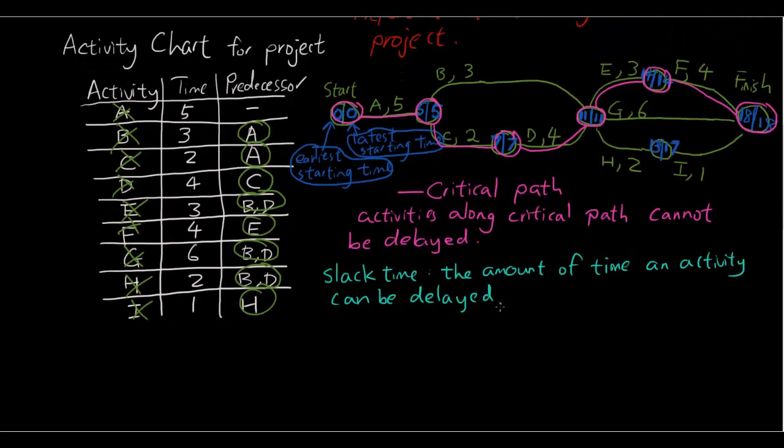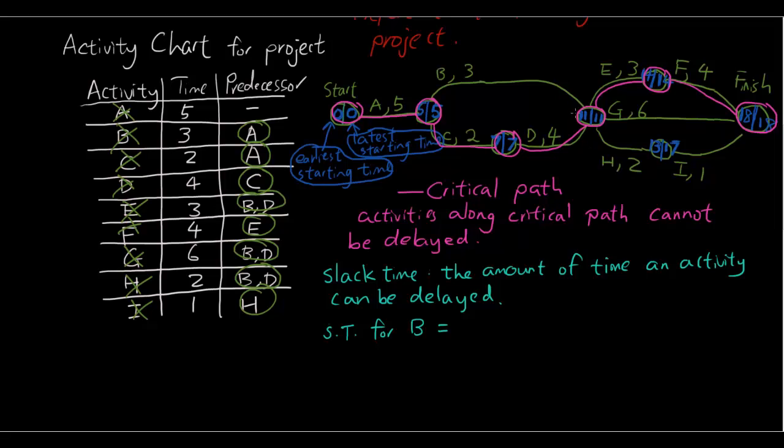So if we have a look at activity B, so slack time for B. So activity B, we're starting on the 5th minute. It only takes 3 minutes, so that means we will get here on the 8th minute, but we don't have to get here until the 11th minute.